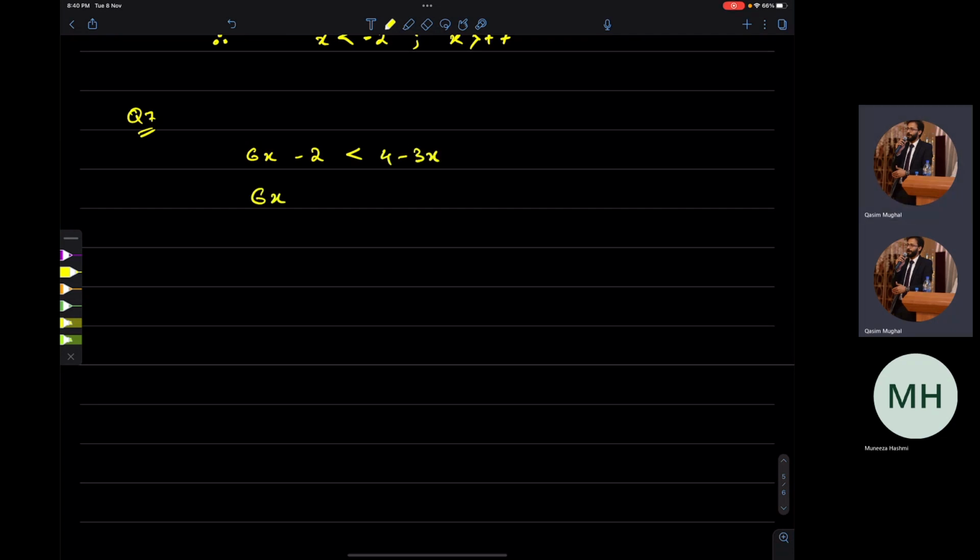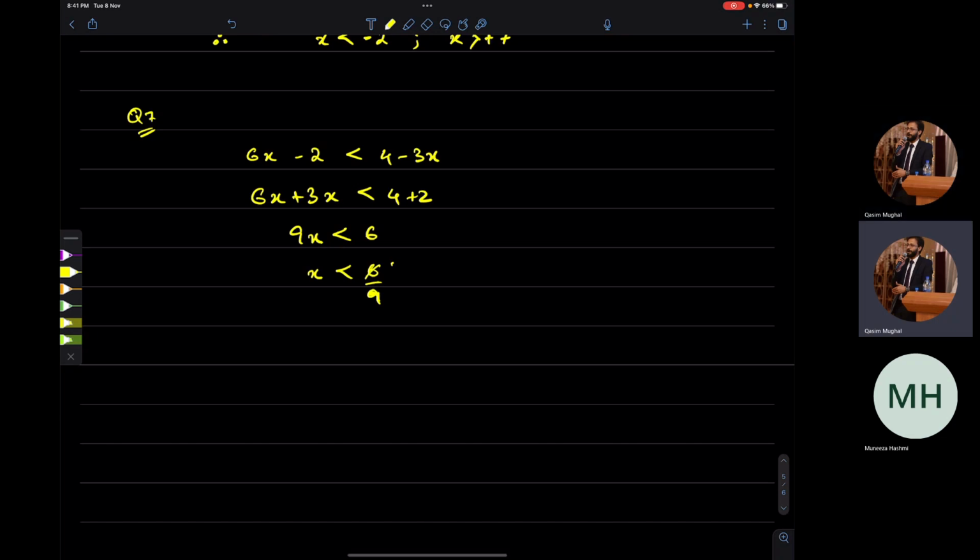So I'm going to collect the like terms together. 9x less than 6, and x is less than 6 over 9, which will leave you with 2 over 3. So x is less than 2 over 3.